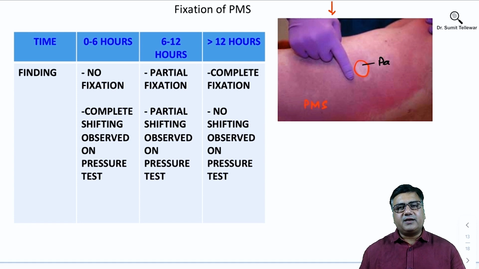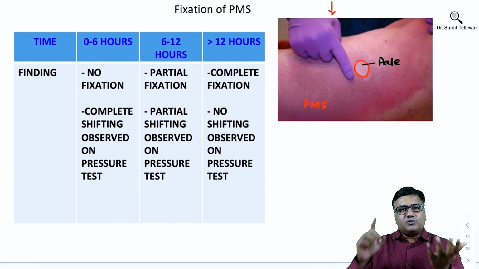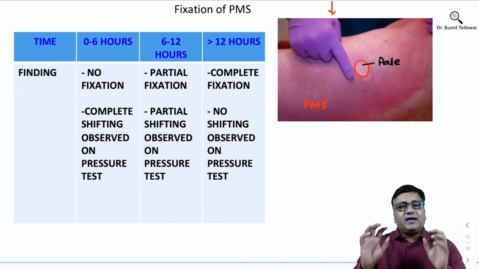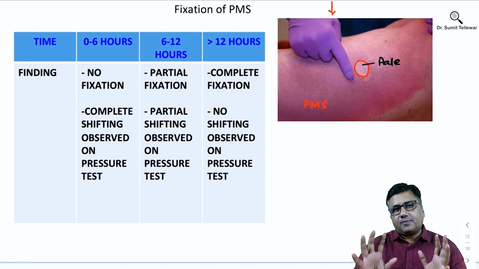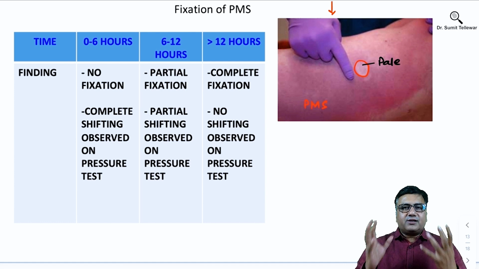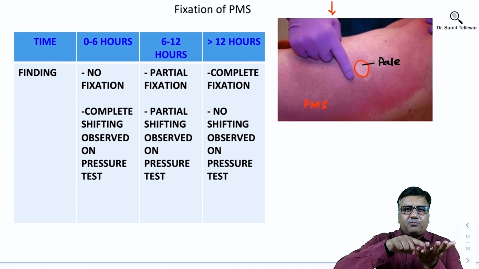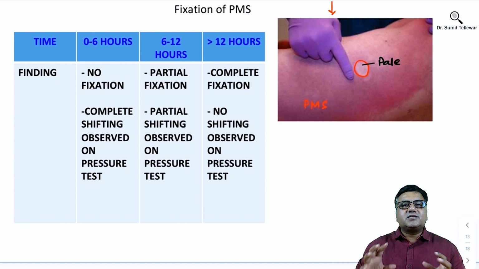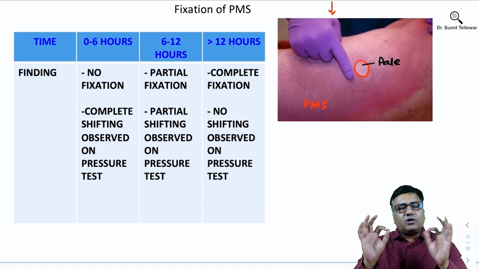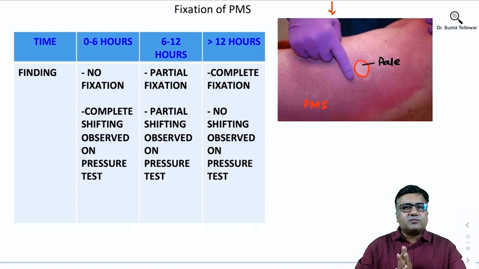Right? You can see in the center it's getting pale. Why? Because the discoloration, which is post-mortem staining, is not yet fixed to that area. If that discoloration had been fixed to that area, even upon pressing with the finger, the discoloration would not get shifted from that area.